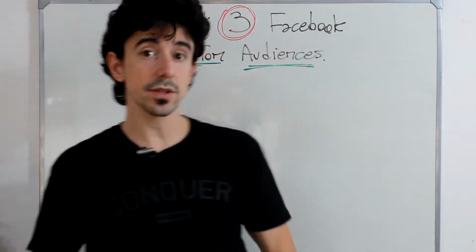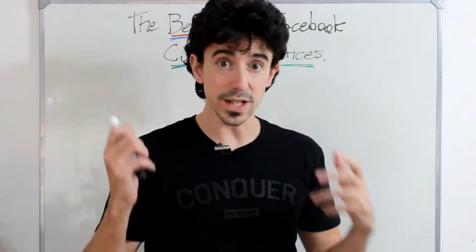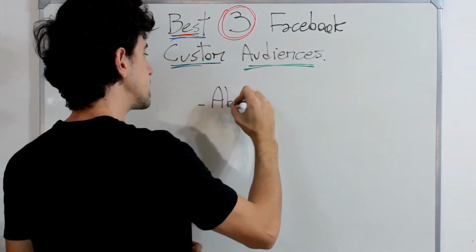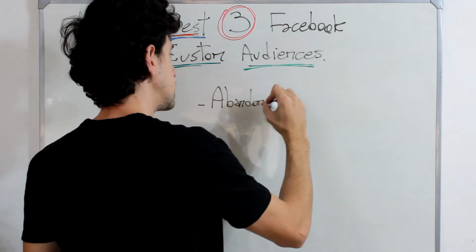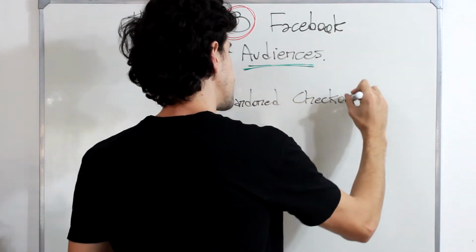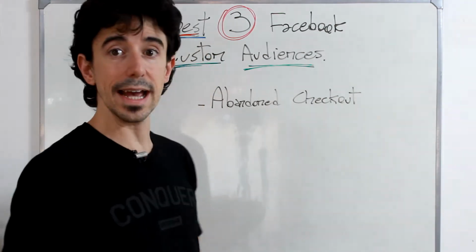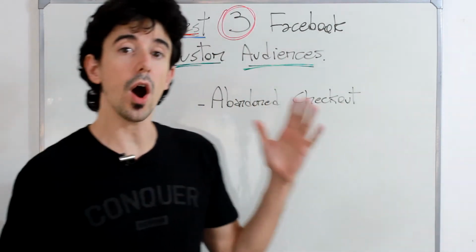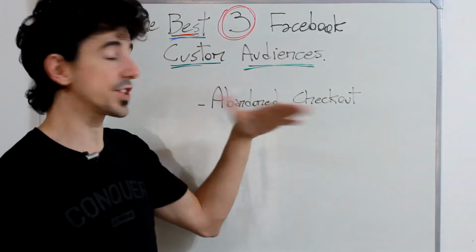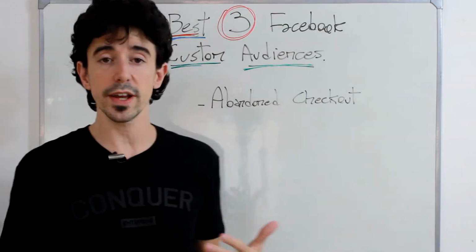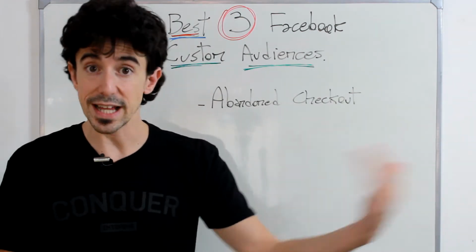So the first Facebook custom audience that I use a lot is the abandoned checkout custom audience. What this means is that I tell Facebook to track all of the people that reach a certain point in my funnel, say they are on the shopping cart or ready to purchase, but they don't.